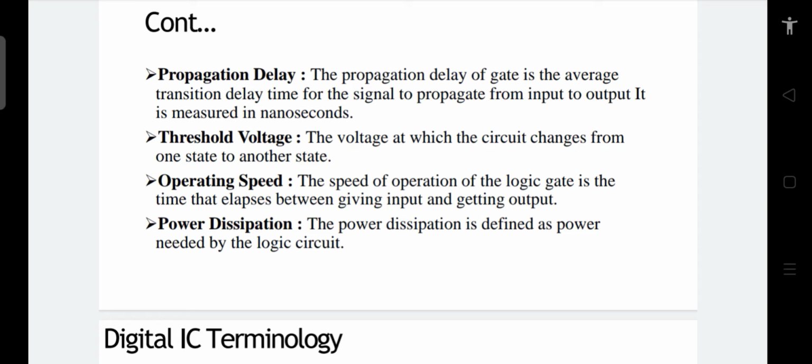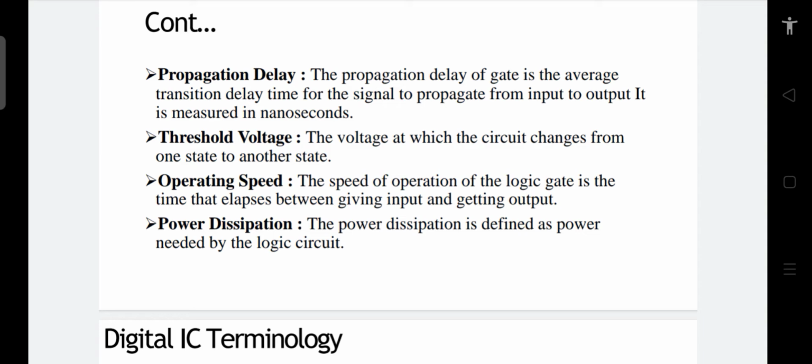I am talking about the average because you take it over multiple iterations, and you take both the rise time and the fall time, and then you take the average of that. So whatever time the gate takes for the signal to propagate from input to output, that much time is called your propagation delay.